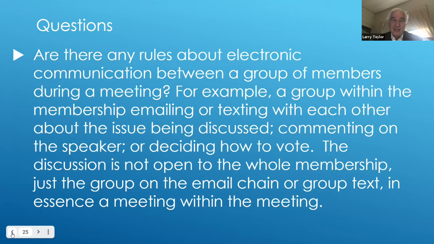No. So if you remember the evolution of our governing documents, the whole concept of parliamentary procedure was brought over by the 13 colonies, and they basically adopted what they recalled from Parliament functioning at that point in time.